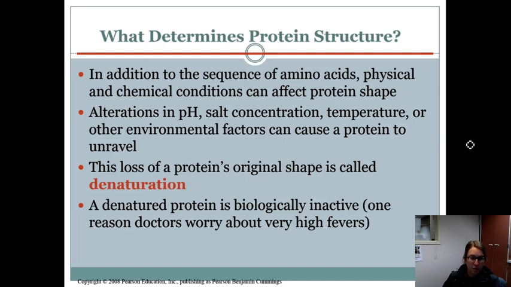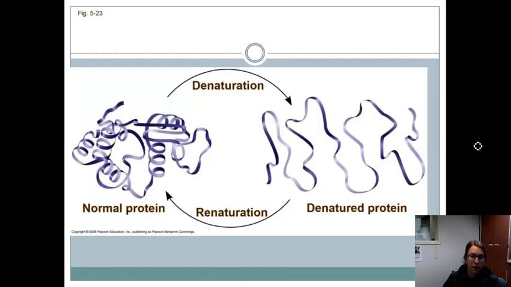So a denatured protein has unraveled and no longer has the correct shape or the correct function. So here's a picture. You can see the normal protein is supposed to fold up into this shape on the left, and if you were to heat it up too much or put it in the wrong pH, it could get denatured or unraveled, and now it no longer has the shape that it needs to carry out its function.